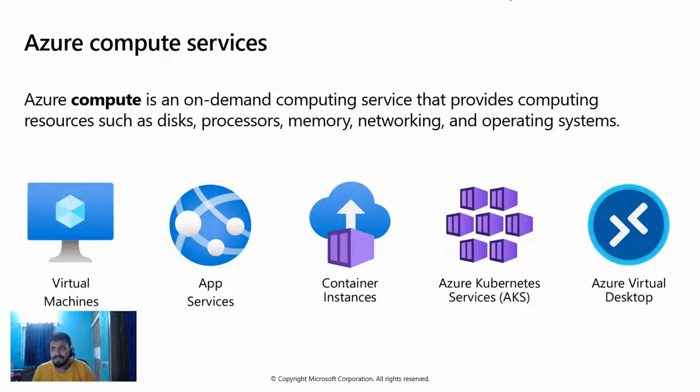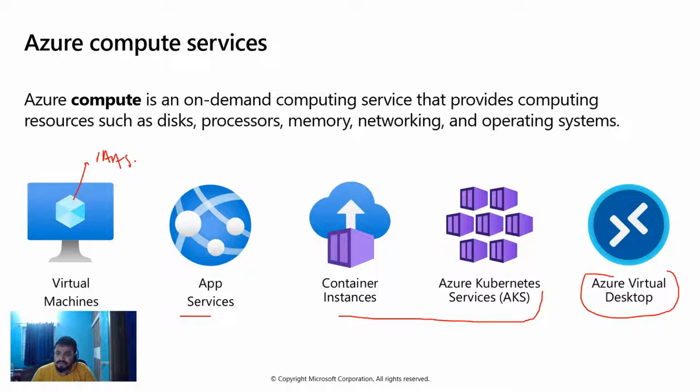Here multiple services are there: virtual machine, app services, container instances, AKS, and Azure Virtual Desktop. Virtual machine is an IaaS service, infrastructure as a service. Yesterday I had mentioned, with the pizza example, going to a supermarket, getting a base, getting toppings, and preparing the pizza at home.